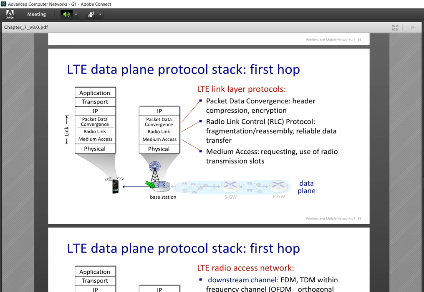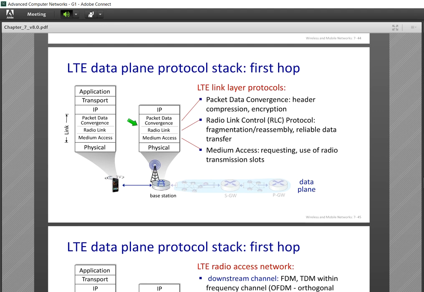So you can see here that when the BTS is connected to the wireless side, it has to use a wireless MAC, a MAC for wireless technology, for LTE technology. And the MAC of LTE technology has three different sublayers.